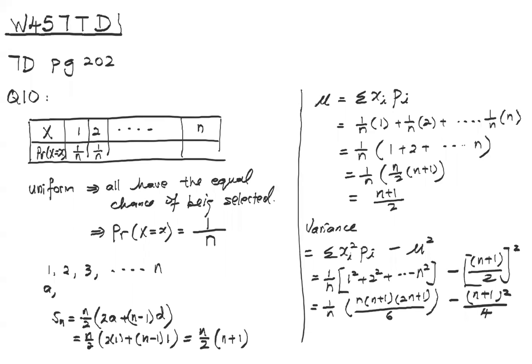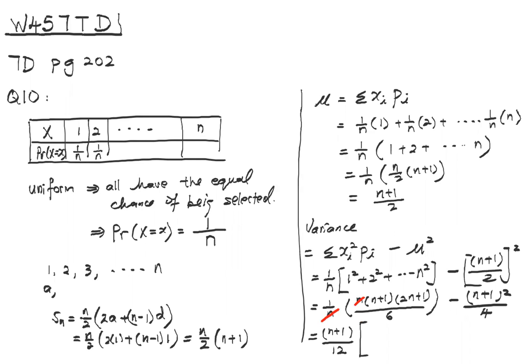Okay, then you simplify. Cancel, cancel. And the common factor is n plus 1, so you take out your n plus 1. Six and 4, I use 12, so I take out 12.